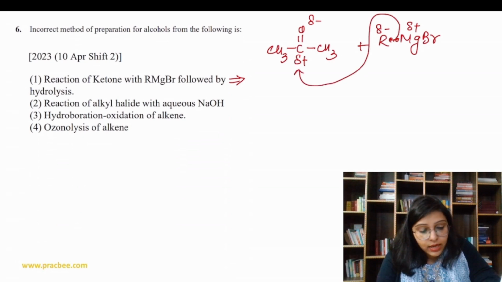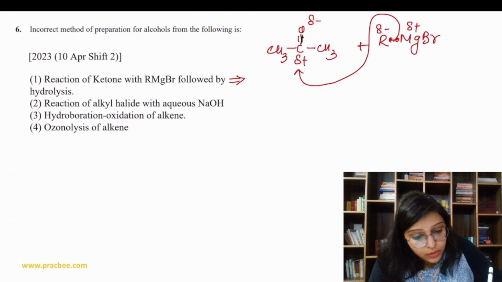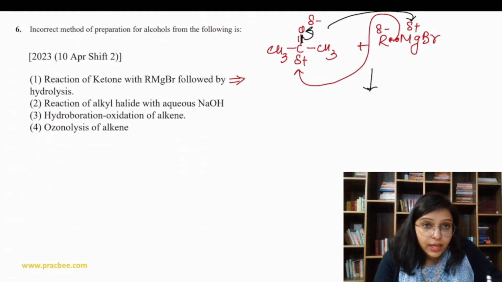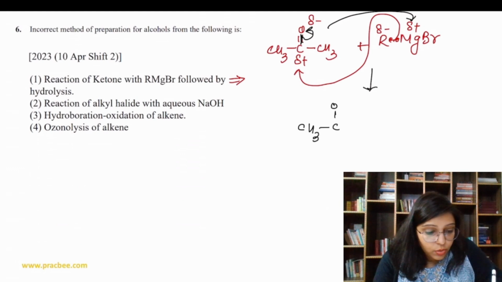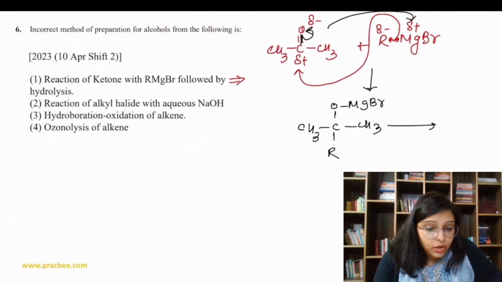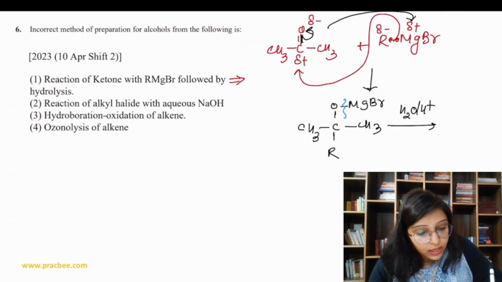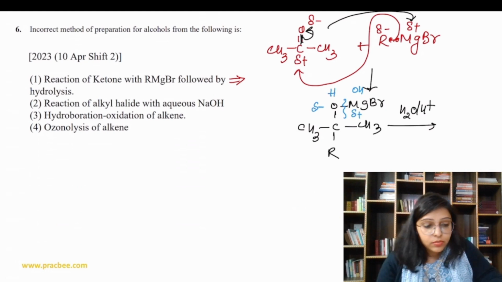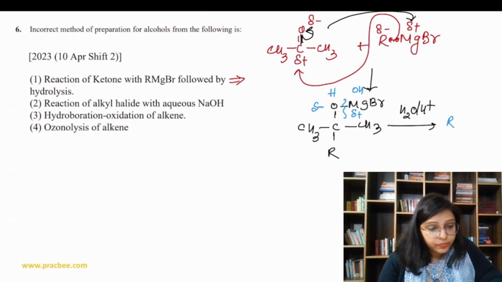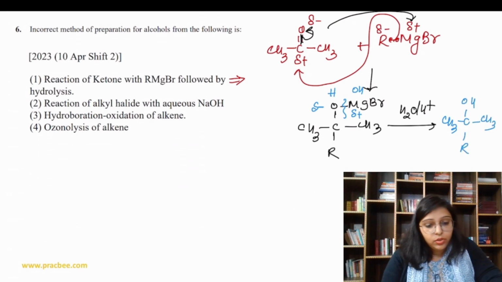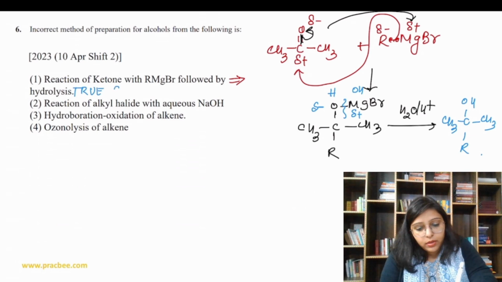R minus attacks this carbon, the electrons of this bond shift to oxygen, and oxygen forms a bond with Mg. On hydrolysis, we break this bond. Here we write OH, here we write H, because oxygen is more electronegative and magnesium is positive. So we get a 3-degree alcohol, CH3, COH, CH3 and R. So this is true, the correct one.